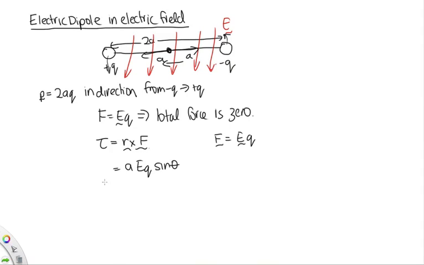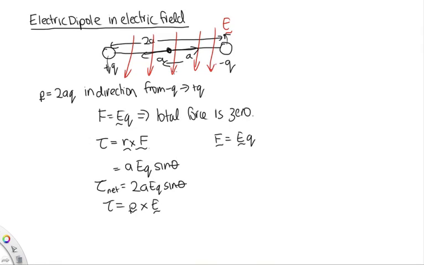And so the torques actually add together, and the net torque is equal to 2AEQ sine theta. And so we can write the torque as P cross E in this case, because P is just equal to 2AQ, and E is the electric field, and then the sine theta goes into this cross product here. So the torque is equal to P cross E.